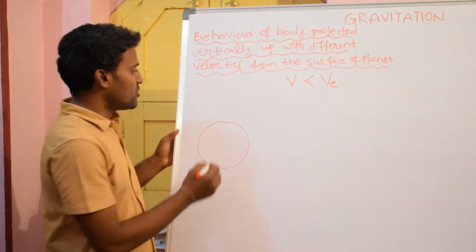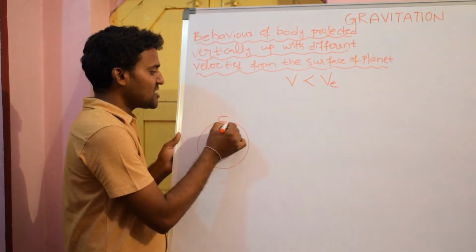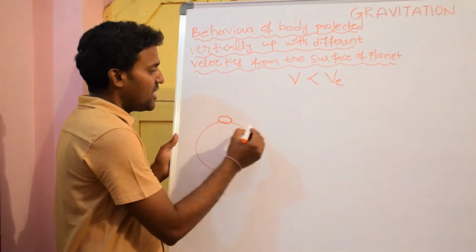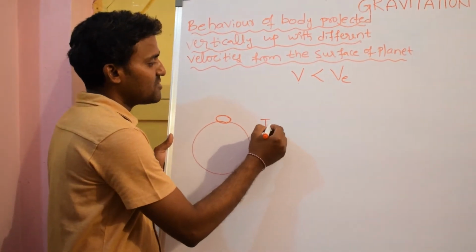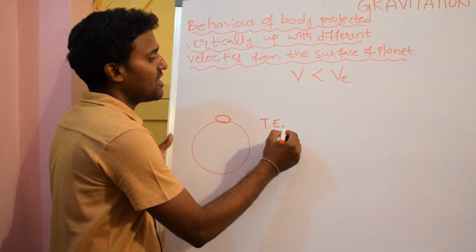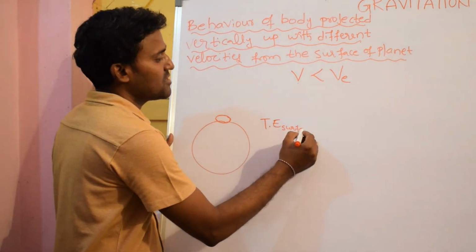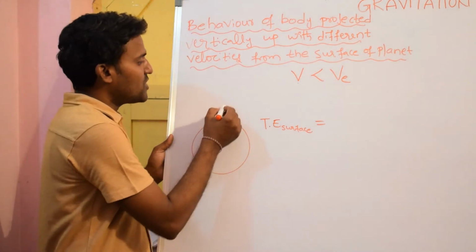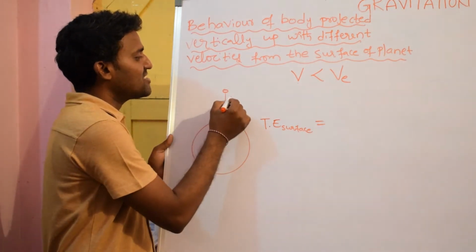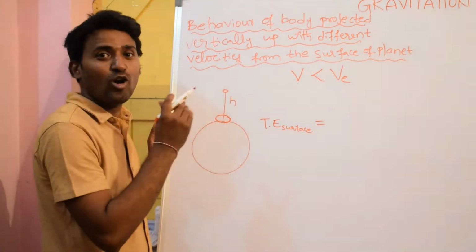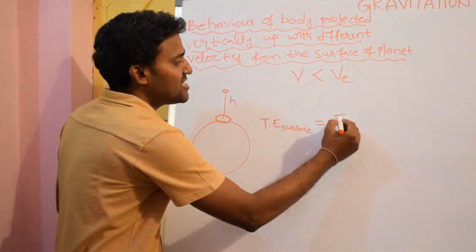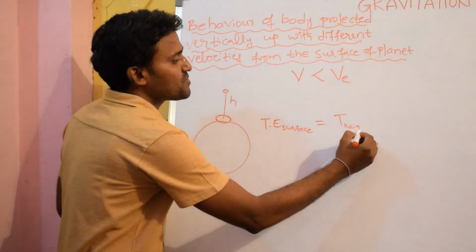So at that moment, for example, when the object is on the surface, the total energy on the surface of the earth is equal to, while it is going upward, it can reach a maximum height. It cannot escape from the gravitational field. So the total energy at a height h.